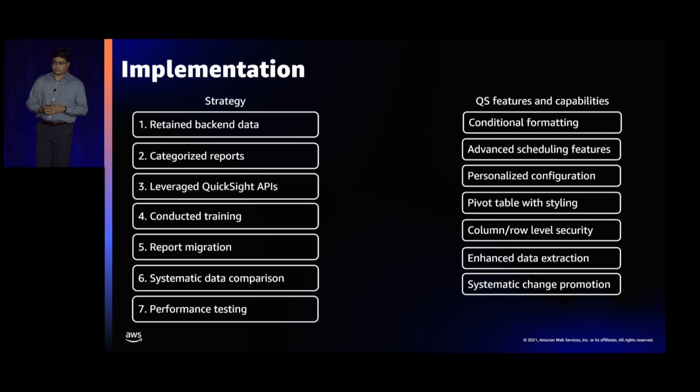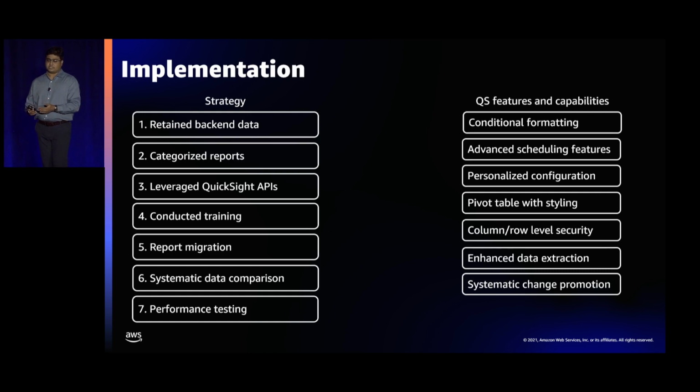For these 1,500 odd reports, we worked with AWS QuickSight to provision an API which will convert Oracle BI dashboards into a QuickSight understandable format. Thereafter, we worked with our external vendor partners to build a semi-automated framework. This framework helped us to migrate Oracle BI dashboards systematically to QuickSight with minimum to no manual intervention.